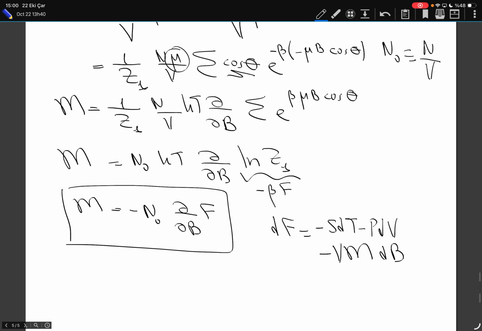And so you just get this, 1 over V. Why? Because F here, from the logarithm of Z1, is the free energy per particle, not the free energy of my system.